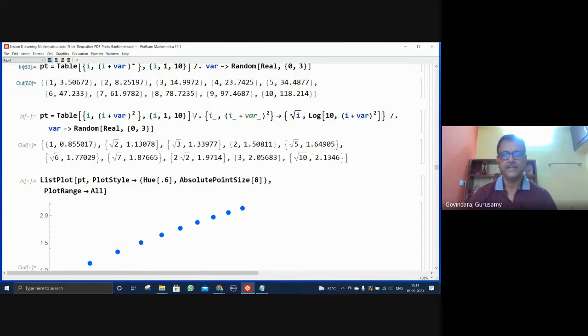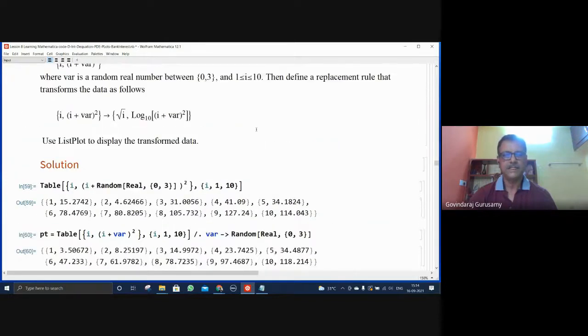So for the replacement rule, the functional form can be done by using i underscore, which is equal to the square root of i, and then the second one is i underscore plus var underscore whole squared, equal to log 10. I think he has asked for log 10, base 10.